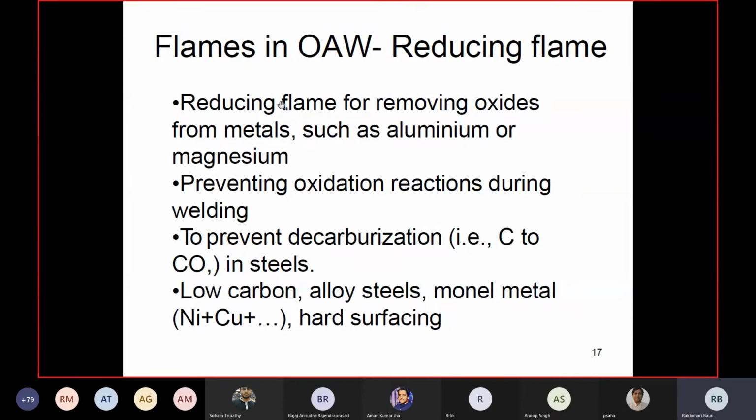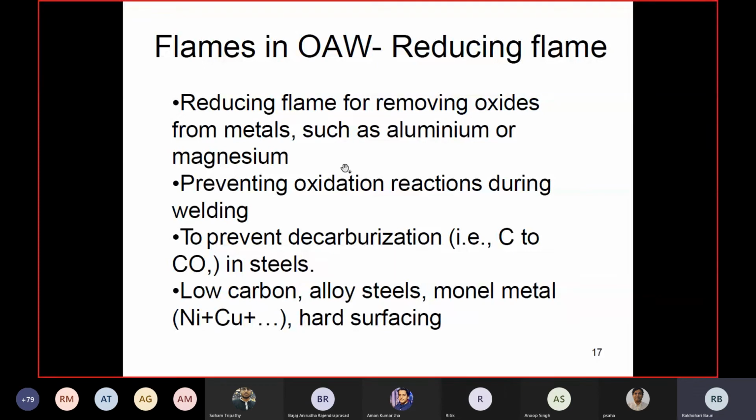How does it remove them? The reducing flame has unburnt acetylene, so it will try to capture oxygen molecules wherever it finds them. It will capture the oxide of aluminium, form another type of compound, and remove those aluminium oxides or magnesium oxides out of the molten metal.